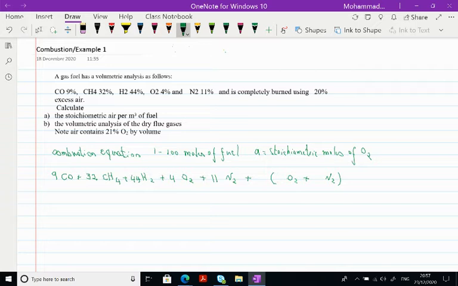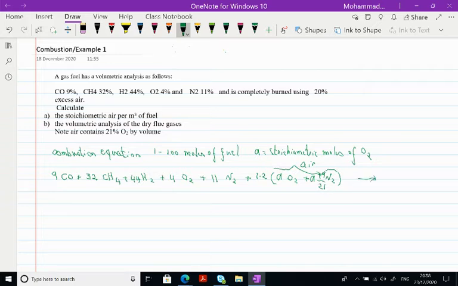So then we put A here, and then the ratio of nitrogen is 79 divided by 21 times A. So this is the coefficient of nitrogen. But the point is that we have got 20% excess air. So then we should have 1.2 in the bracket, the elements of the air. So this is the left-hand side of the combustion equation.